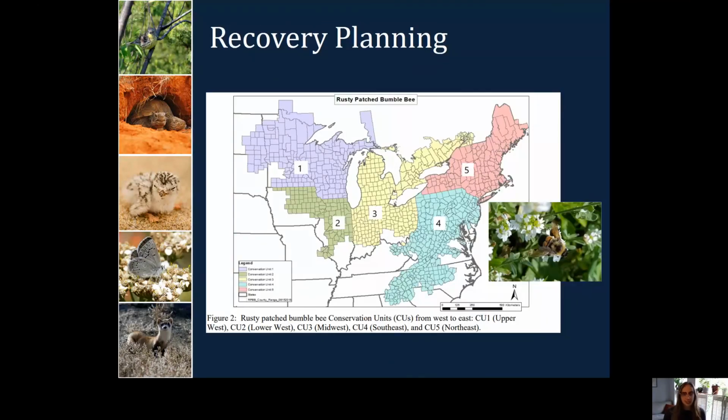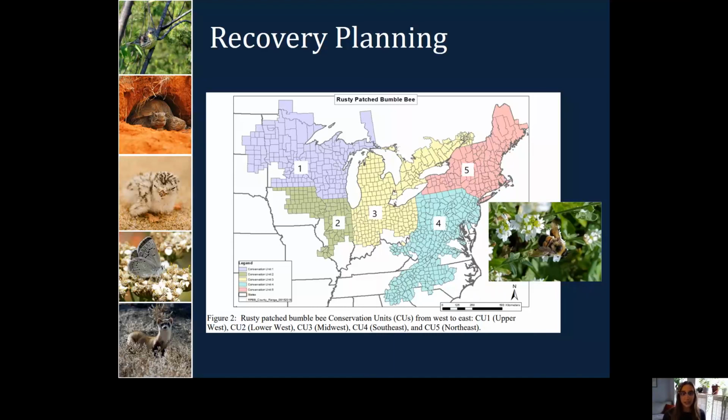So upon listing a species, we move into recovery planning, and the species status assessment that we developed for the listing decision can also be used to inform recovery. Additional information and data beyond that which was incorporated into the species status assessment for the listing decision may be analyzed at this stage to help develop recovery vision, actions, and criteria.